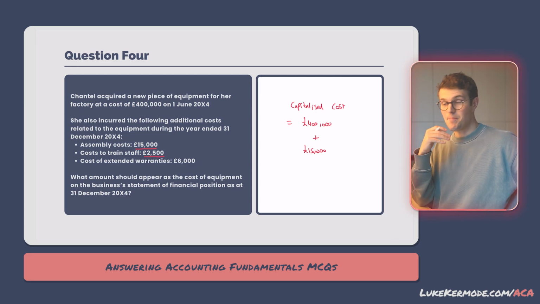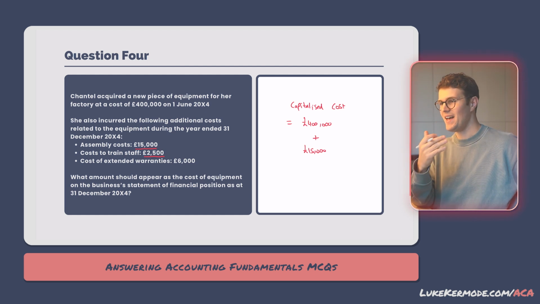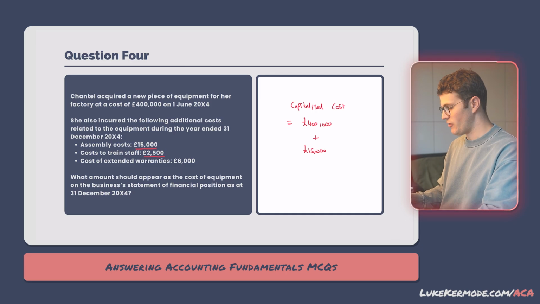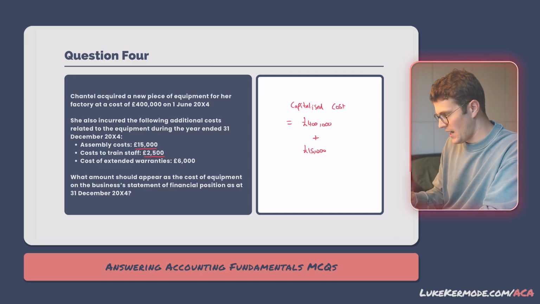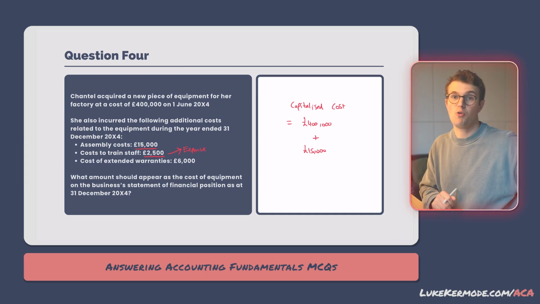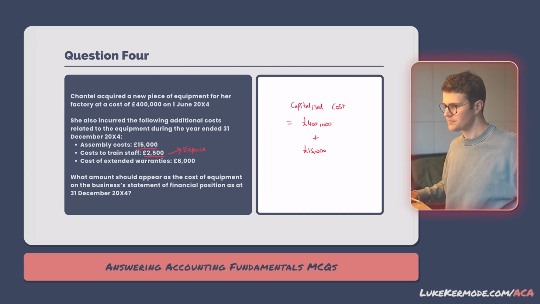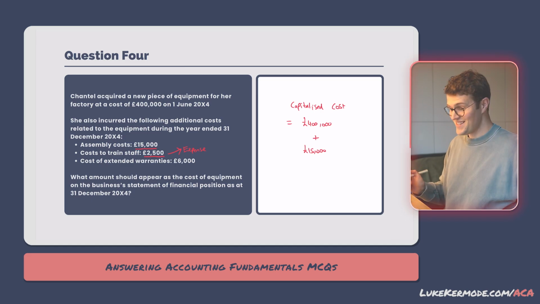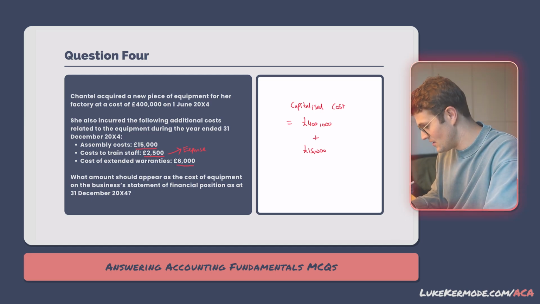While staff training is important, it doesn't necessarily improve or prepare the asset itself. It's more about the people involved, not the machine itself. So these costs aren't directly attributable and are instead treated as an expense in the statement of profit or loss. They're not capitalized.